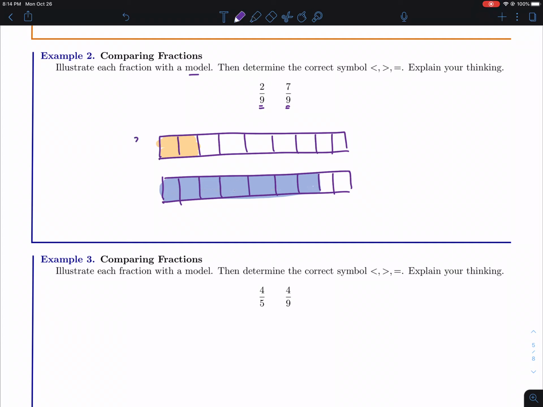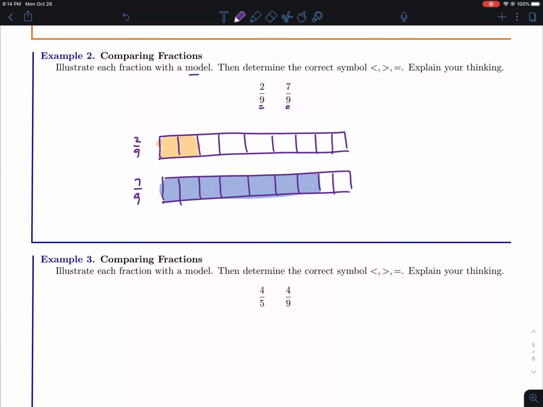So there's my 2/9. There's my 7/9. And so which one do you think is bigger? Well, clearly it looks like 7/9 is much bigger than 2/9 because it's got a lot more squares. And the fact that they were the same denominator made it easy to judge these because we didn't have to do anything special. We just drew the rectangles and we were done.